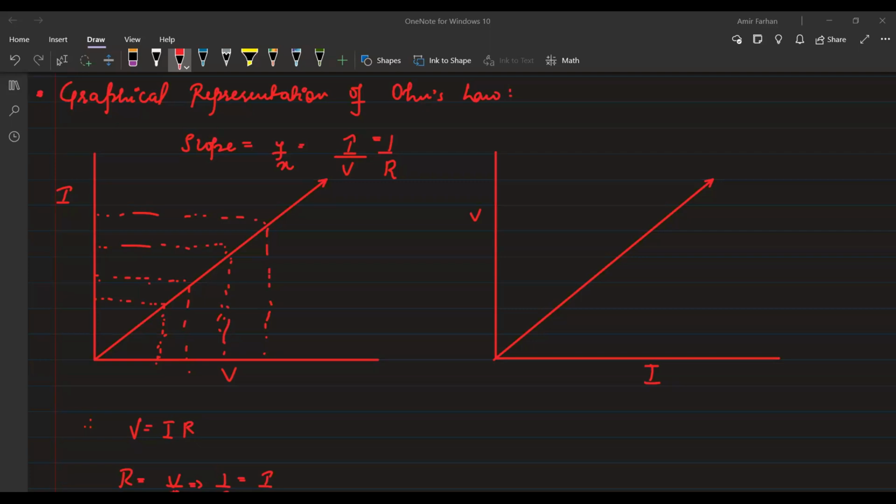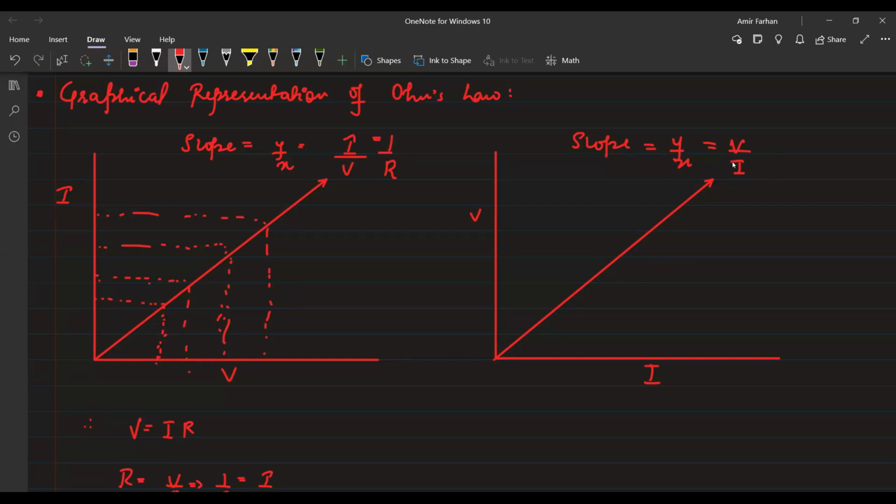In the same way, now tell me, here slope is equal to what is on y by x? V. What is on the x-axis?